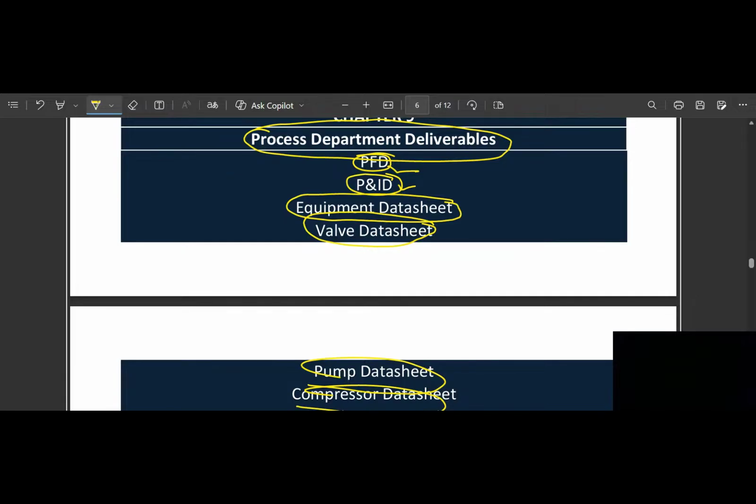Okay, what exactly is a data sheet? Okay, data sheet will tell you mechanical parameters, process parameters. In process parameters, you will get operating temperature, design temperature, operating pressure, design pressure. Okay, and the flow, viscosity, density.